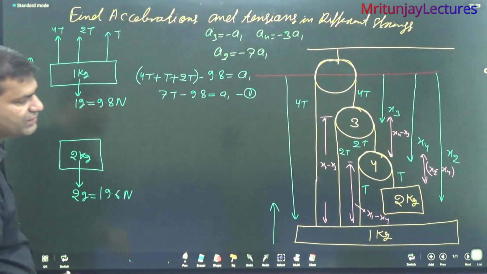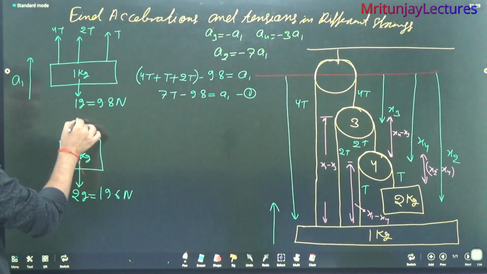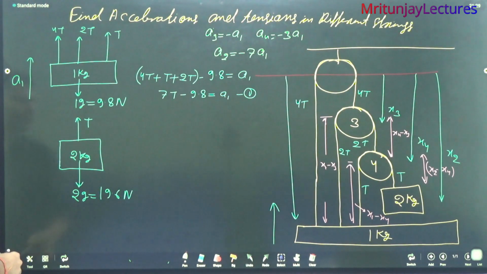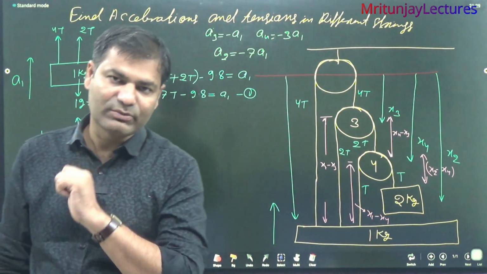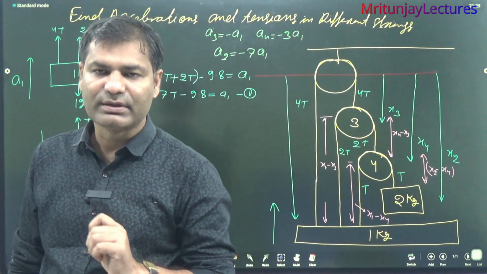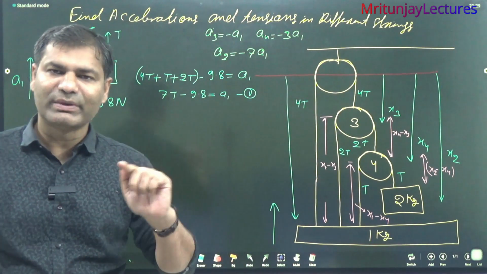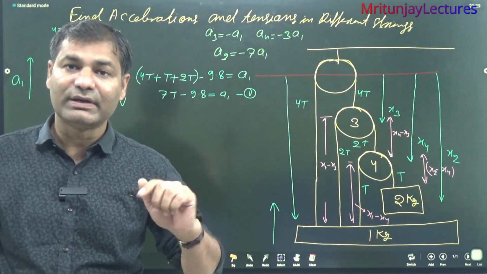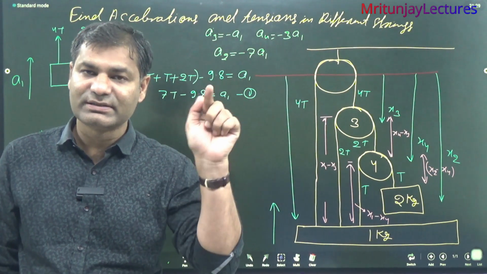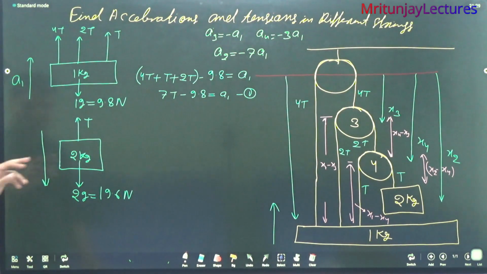What about the tension in this string? Simply T. What about the acceleration? A2 is minus 7 A1. What do you mean? A1 is upward, so minus A1 is downward. Clear or not? So this one is going downward with 7A1 acceleration.